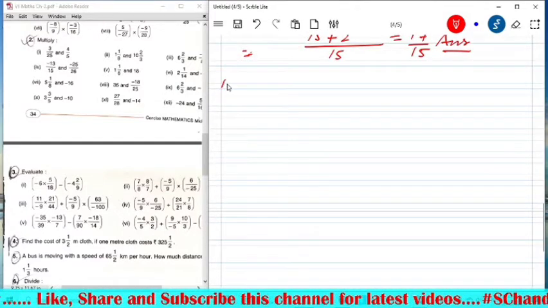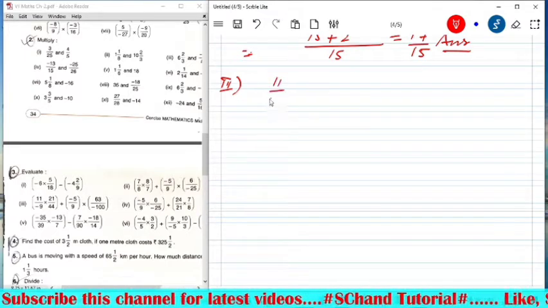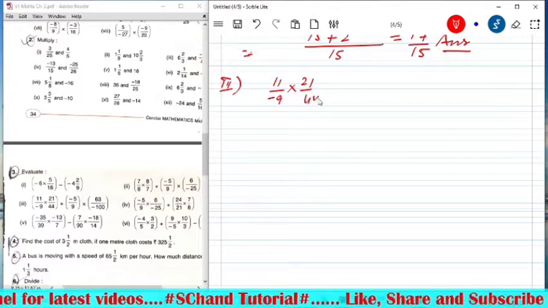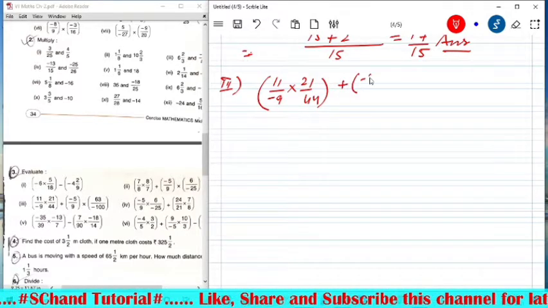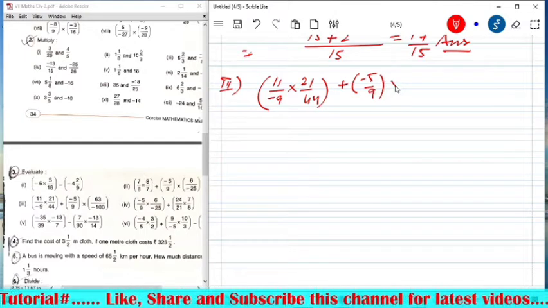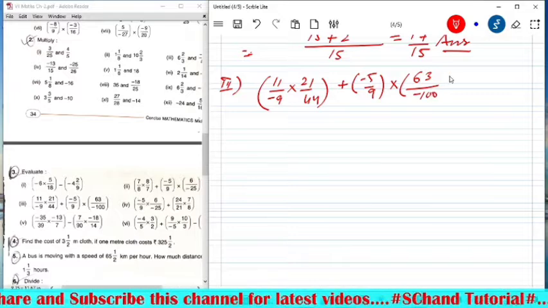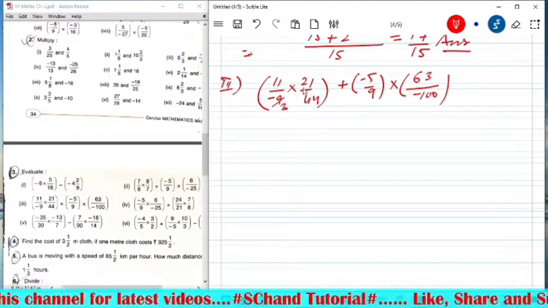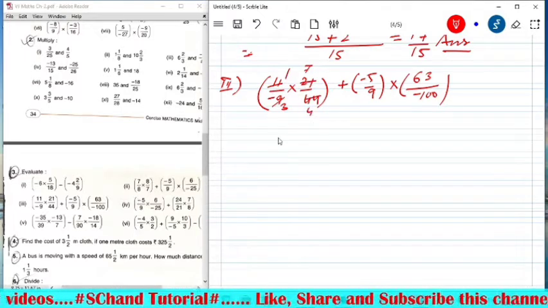Then we have number 3, 11 over minus 9 into 21 over 44, small bracket plus minus 5 over 9, then we have into 63 over minus 100. So this is 3 3s are 9, 7 3s are 21, 11 1s are 11, 11 4s are 44.